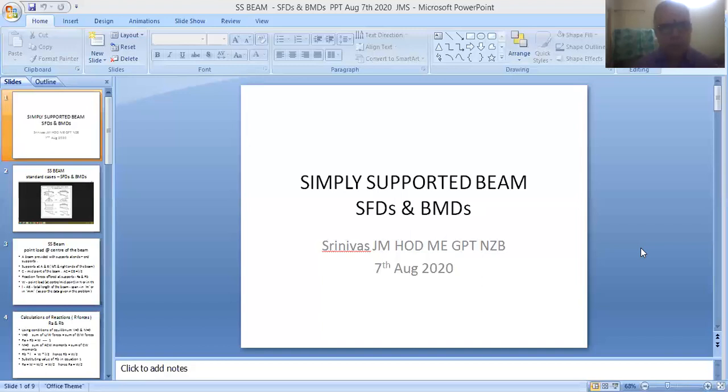Now, in this section, we have to discuss the various types of loads acting on simply supported beam, and thereby we have to construct shear force and bending moment diagrams for different conditions.